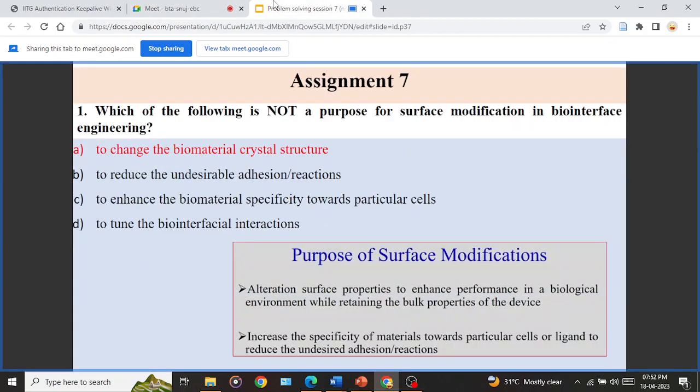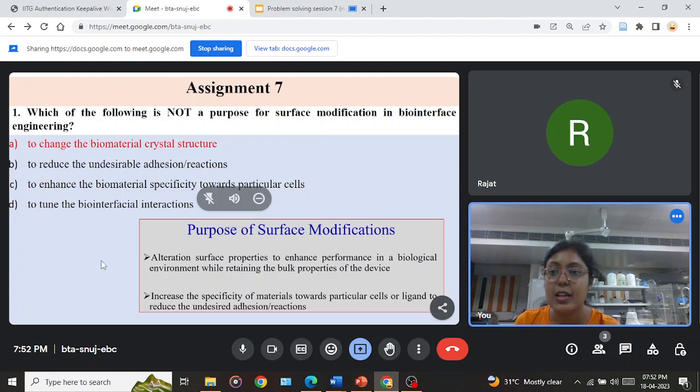So your correct answer for this question is option A, that is to change the biomaterial crystal structure. Is it fine? If there is no doubt, we can go to the next question.